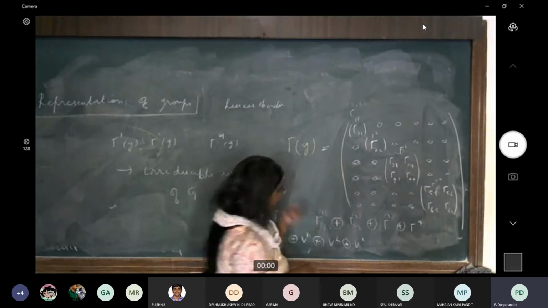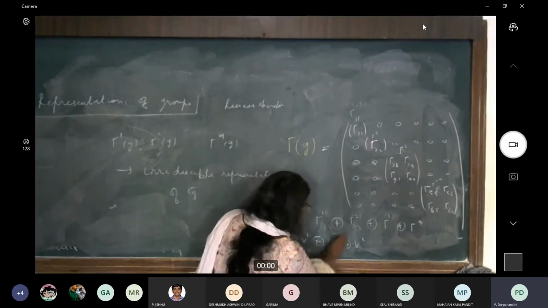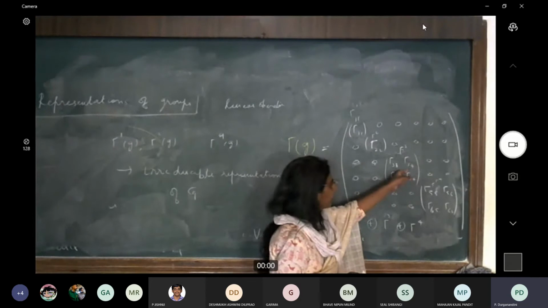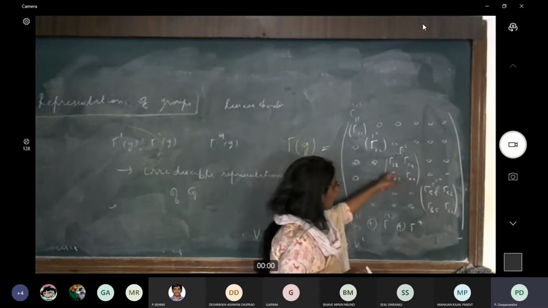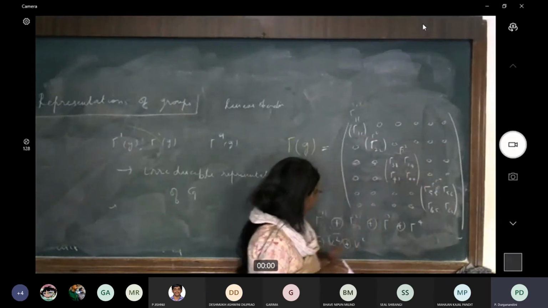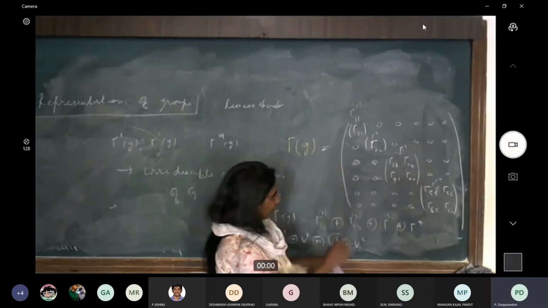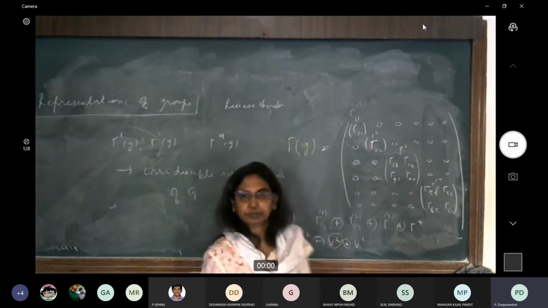Why is it invariant, or what do I mean by saying it's an invariant subspace? Because if I'm in this subspace, for example, which corresponds to the vector space for this, the action of gamma on any vector inside this vector space, which is made from these basis vectors corresponding to 3 and 4, will only take it to a vector inside this space. It is not going to take you to a vector here or here or here.